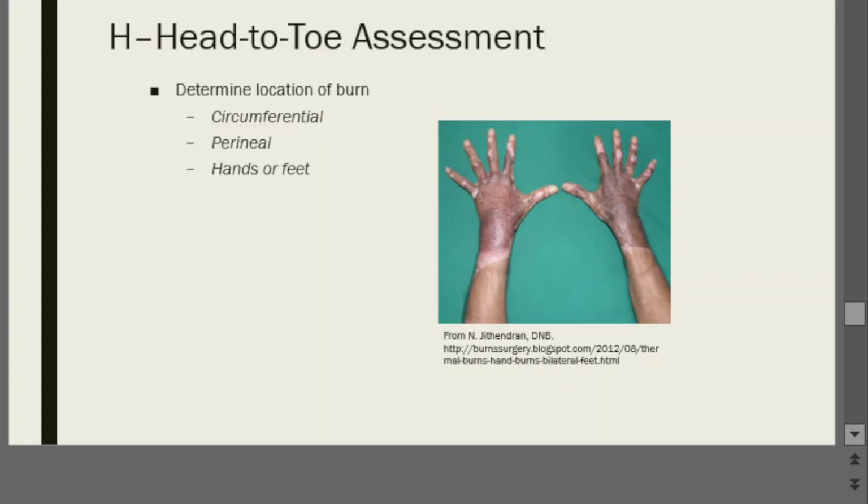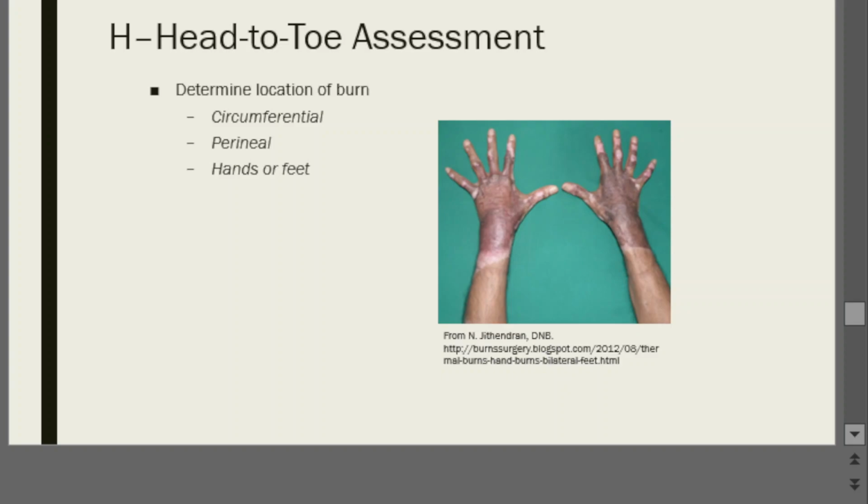Continuing on with the head to toe assessment, our circumferential burns, we need to determine the location of the burn. Then once again, is it circumferential? We have further interventions that need to happen if it is a burn in the perineum. And these are highly susceptible to an infection.